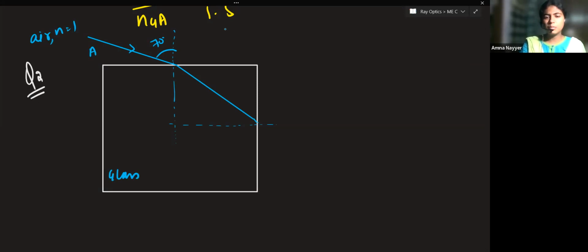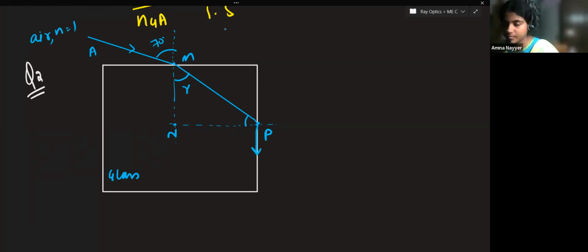Let's name these points: M, let's say this point is N, this point is P. And when this ray gets refracted, here the angle of refraction becomes 90 degrees. This grazes over the surface. So if it grazes over the surface, which angle is this?